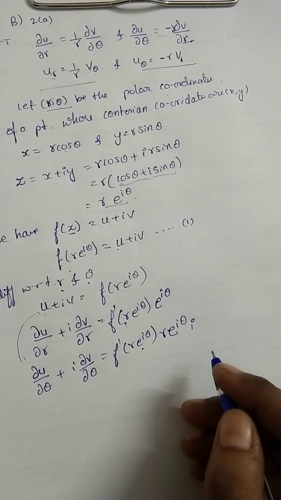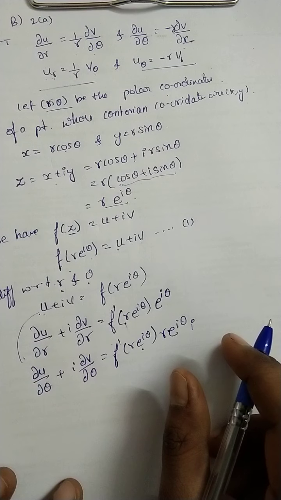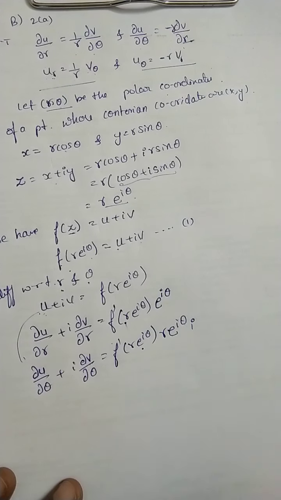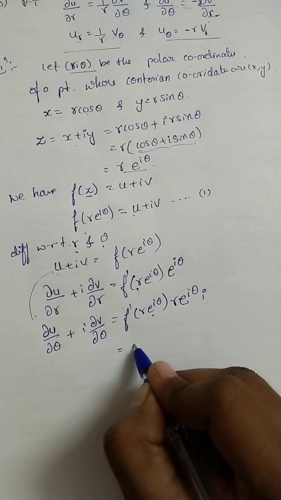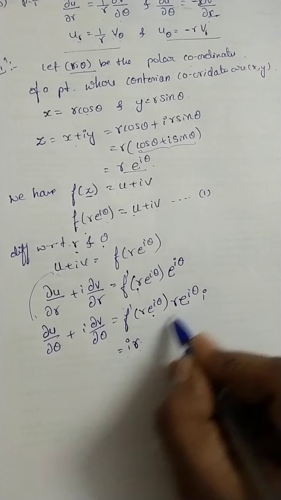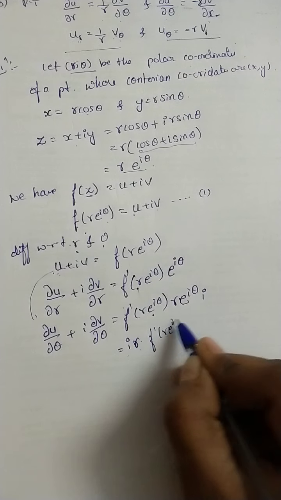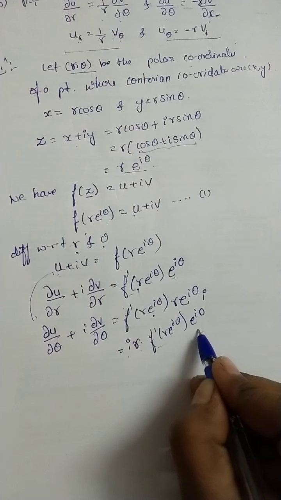Now, how can we equate the values? In this equation what we have extra is i r. f dash of r e to the power iθ into e to the power iθ is the same in both.